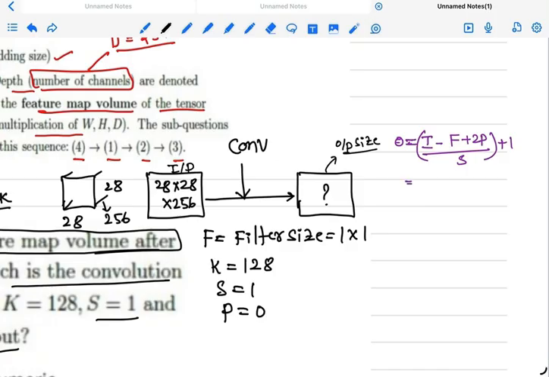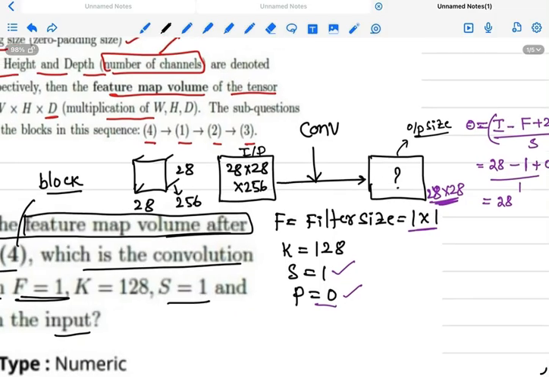That equals 28 minus 1 plus 2 times 0, divided by 1, plus 1, which is 28. So the output size is 28 cross 28.